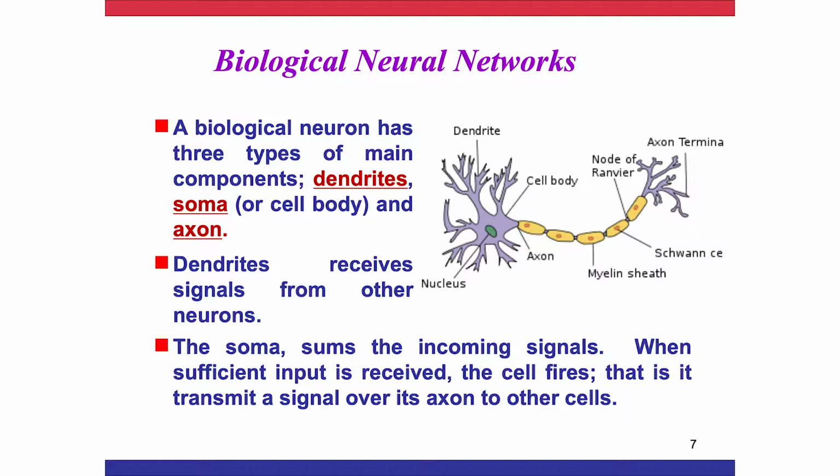So similarly, we can classify the components in a biological neuron: the dendrites, which give the connectivity; the soma, or the cell, which defines a function; and the axon, which takes the output and connects with the next layer or next level of cells.